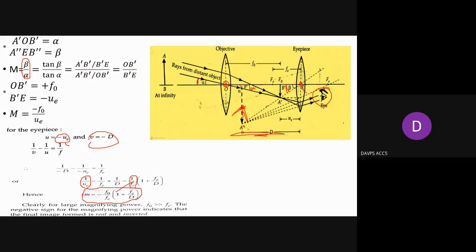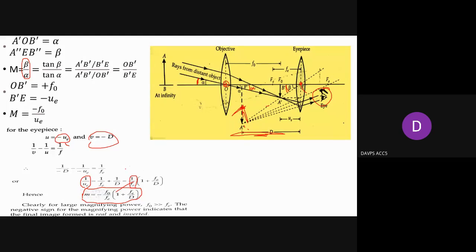Once again, I am repeating: what is the meaning of normal vision or the relaxed eye case? Whenever you are adjusting any optical instrument to view at the least distance of distinct vision, before that we have to make the normal vision adjustment. That means the object is at infinity and the image formed is also at infinity, meaning the rays from the eye lens will be parallel after refraction.